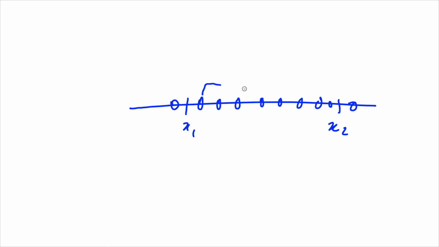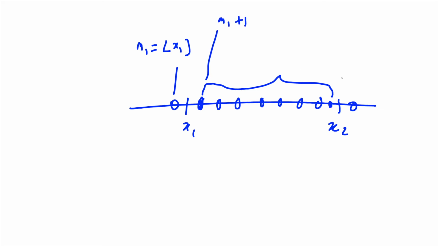So these are the relevant ones, and if this is the floor of x1, that's m1, that means the lower limit of that sum has to be m1 plus 1, and over here it is just the floor, m2 equals the floor of x2. So this one has 1 added to it because we don't want this one, we want one inside the limits. Hope that's a helpful diagram.